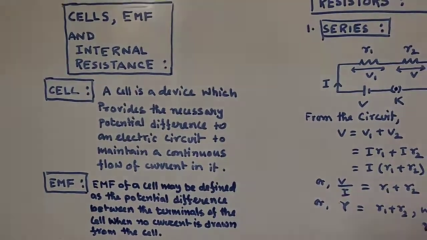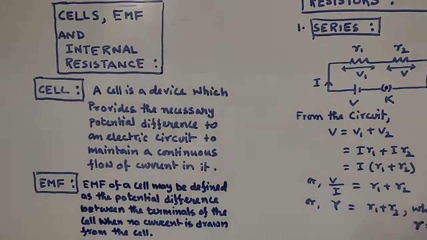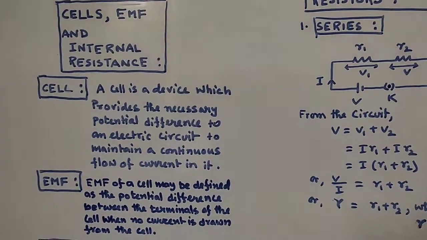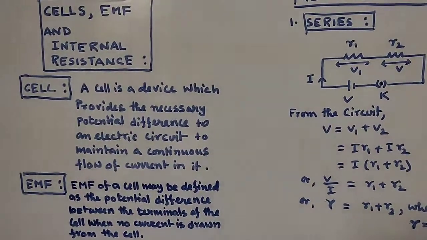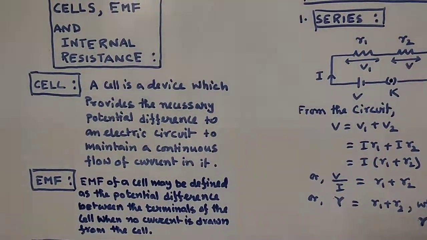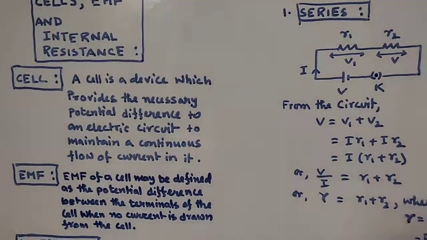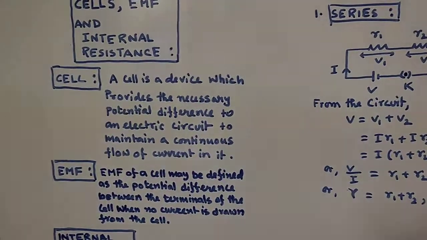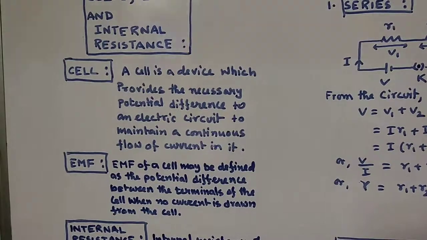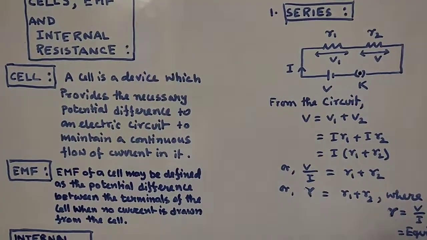So definitely if you want to let the current flow in a circuit, you have to provide a cell in the circuit. A cell is basically denoted by one positive terminal and another negative terminal. The longer one is your positive and the smaller one is your negative.